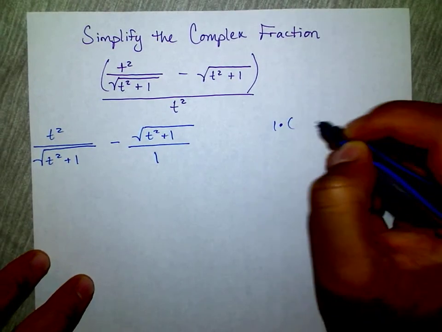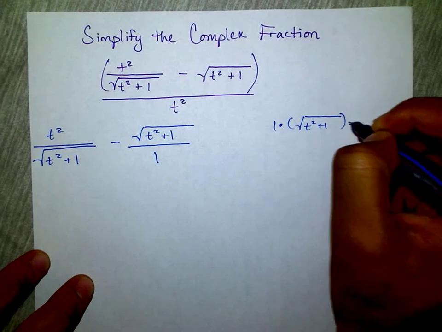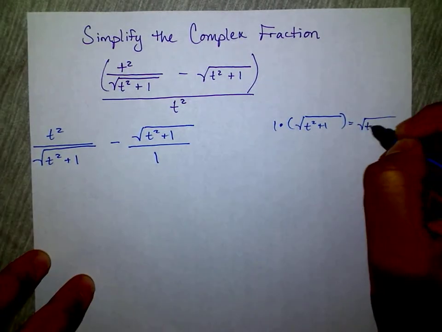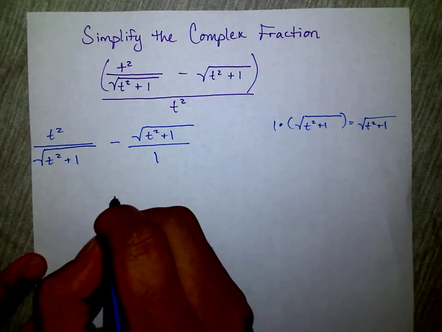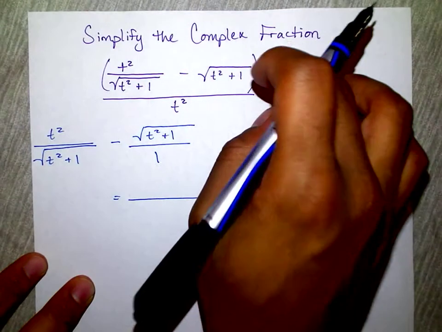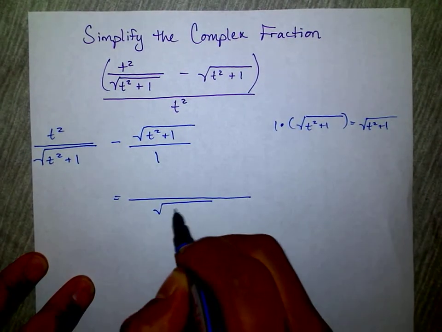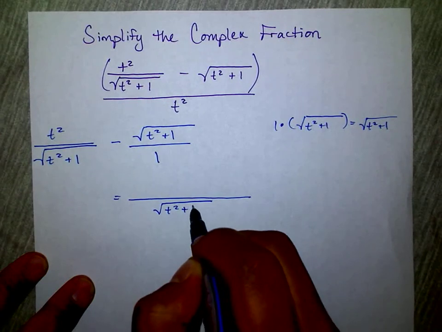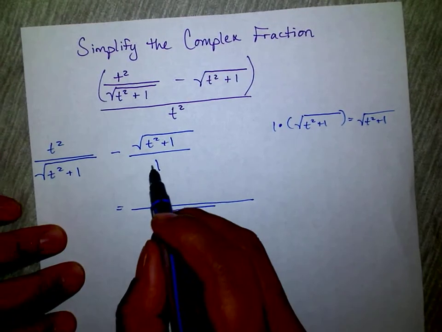So 1 times the square root of t squared plus 1 is just the square root of t squared plus 1. So that's going to be our new denominator on the bottom. And remember, this is still just the numerator. Now on the top, we have to cross multiply.